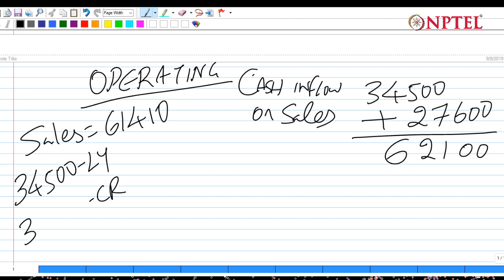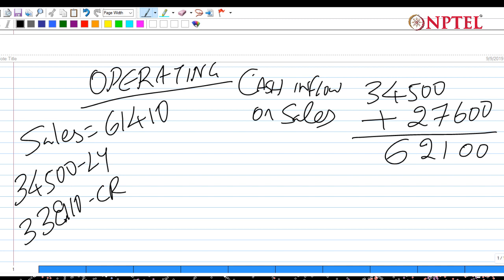That means you have received about 33,910, if I am not wrong. Is it 34,500 minus 690? How much is it, Pratik? Yeah. 33,810. Sorry, it is 33,810. Now the current year's receivables is 33,810. That means what have I received? What is the money? I have corrected it, sorry.